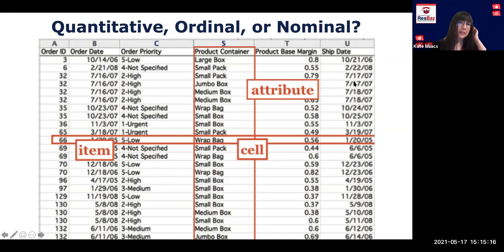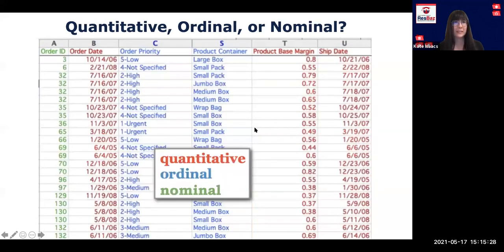And product container has that small, medium, and largeness to it. That leaves the quantitatives, and I guess you both see the dates there as well as whatever product base margin means. So here we go. Again, I warned that order ID appears to be ordinal, but maybe it doesn't actually mean anything because you have the order date that actually gives you order.